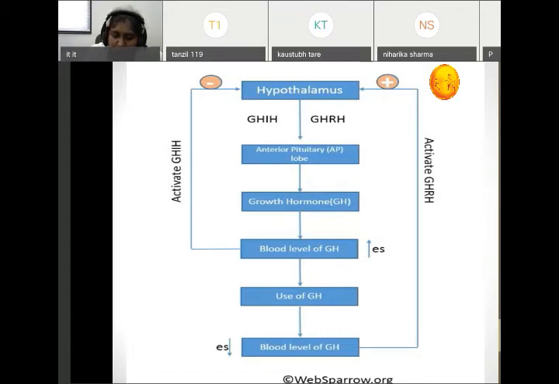Please, in short, remember that growth hormone releasing hormone and growth hormone inhibitory hormone from the hypothalamus both regulate the growth hormone secretion. That's why our height is in a normal range, male as well as female. As soon as we achieve puberty, at the age of 18, your height is stopped.